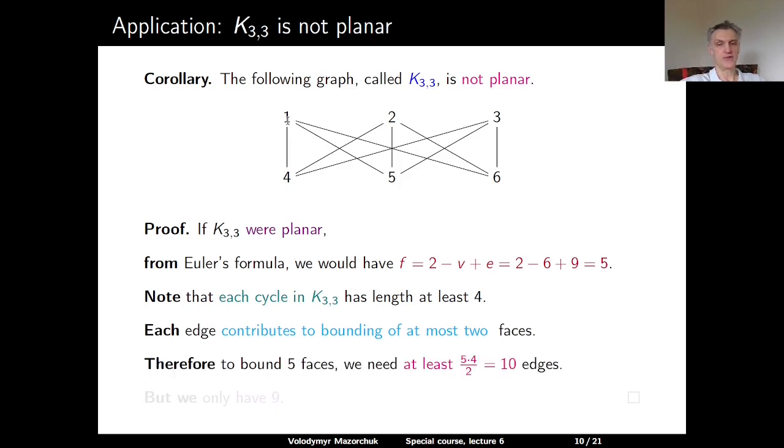Therefore, to bound 5 faces, which we must have by Euler's formula, we would need at least 5 times 4 divided by 2, 10 edges. But we only have 9. And this contradiction completes the proof. So that's the proof that our graph K33 is not a planar graph. And we use Euler's formula, crucially, to prove this.